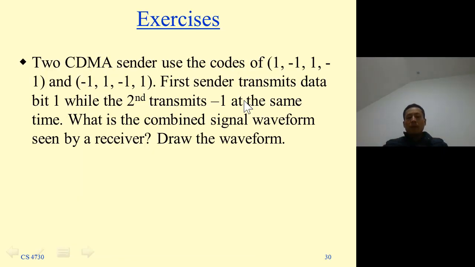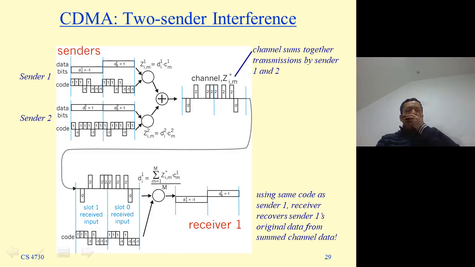So that's the waveform. After the information of these two senders is mixed, you cannot tell what it is at all. For example, if you have a hacker, they don't know what it is.